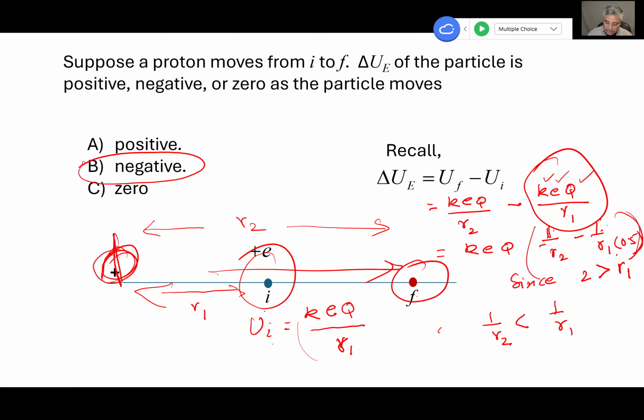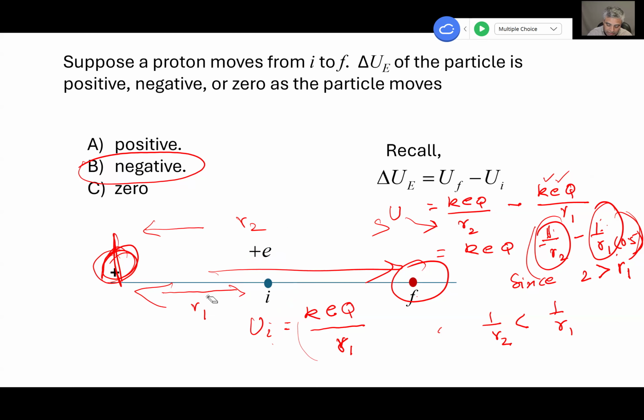Potential energy and distance are inversely related. See, R is in the denominator of that U equation, right? So the larger the distance, the smaller the value. So this one is smaller than this one, which means the difference is going to be negative. And that's how we do it.